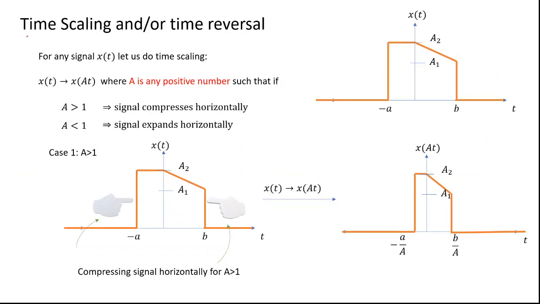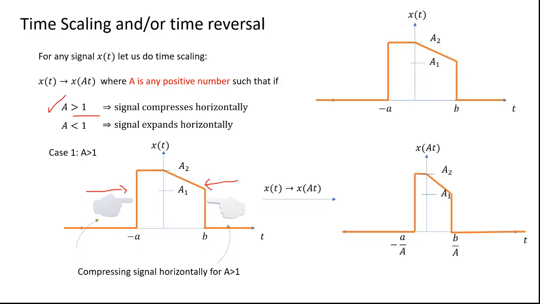Let us see another time transformation, that is the time scaling. Let us scale the time axis with a factor a, such that a is any positive number. Then what we see, if a is some value which is greater than 1, then the signal compresses.